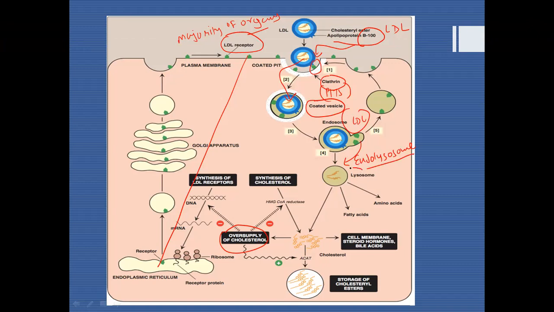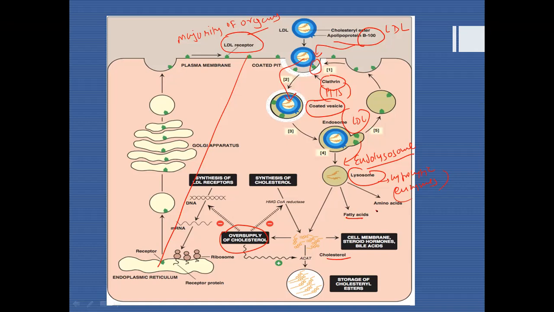As we know, lysosome contains hydrolytic enzymes. These hydrolytic enzymes will hydrolyze LDL into various monomers. It will hydrolyze the cholesterol esters present in the LDL into fatty acid and cholesterol.